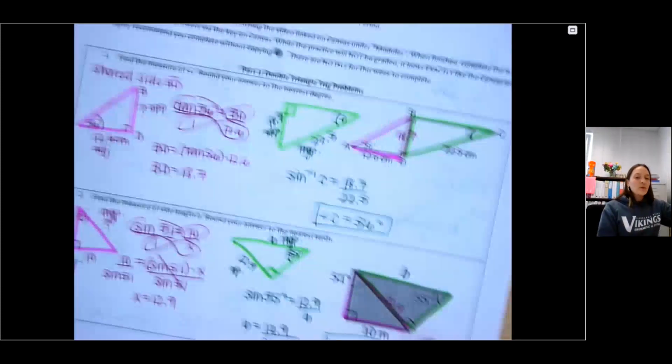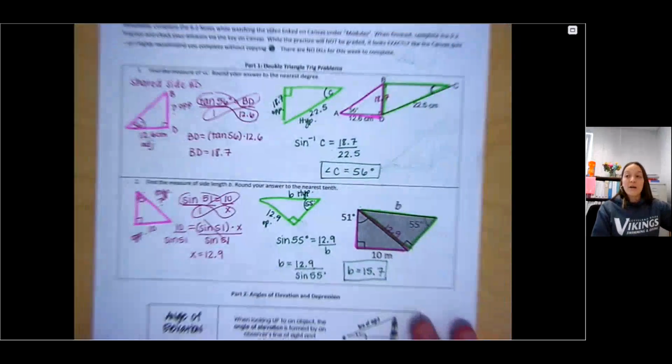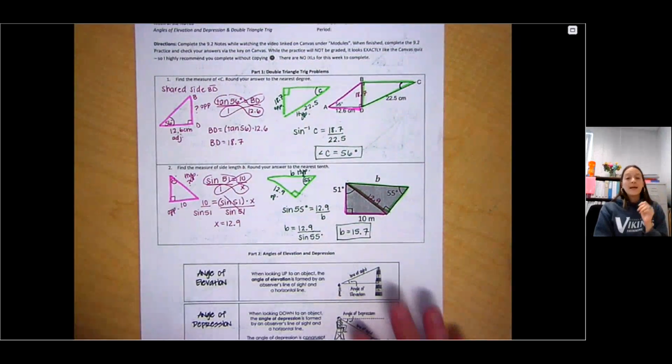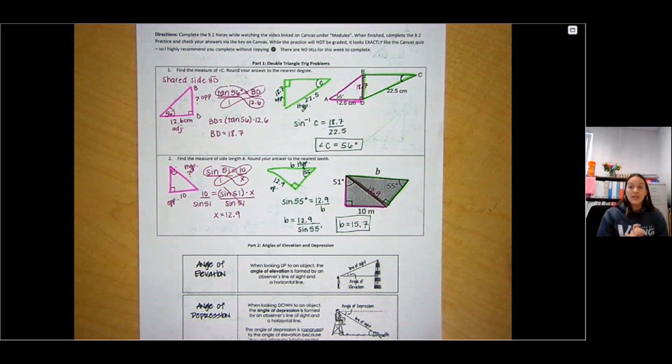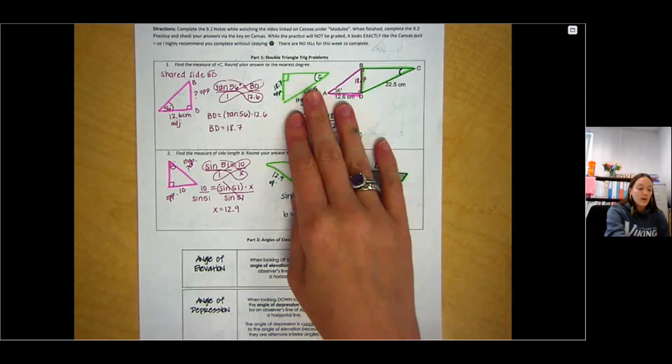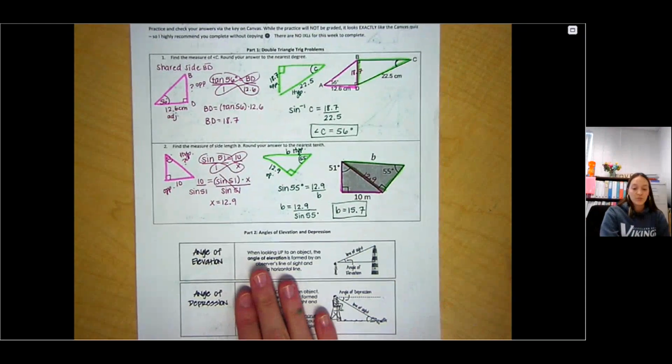I'm going to put the answers on Canvas for you. I'd like you to try the practice problems without looking at the answers. And then once you feel really good and confident, if you get all of them correct, you can move on to the Canvas quiz, which will include double triangle problems and angles of elevation and depression problems.